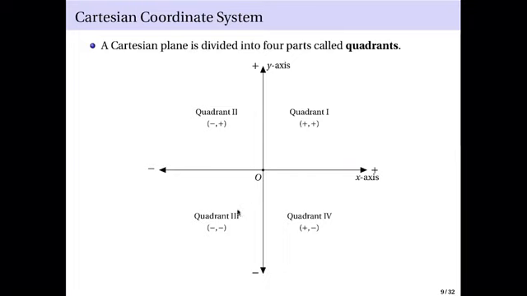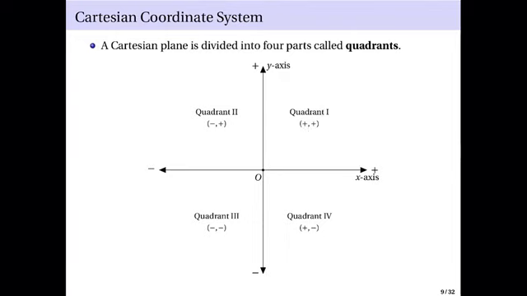And as you can see, the plane is divided into four parts. We call them quadrants, quad meaning four. We will denote this as our quadrant 1, or the first quadrant. This means that on the first quadrant you have positive x and positive y values.